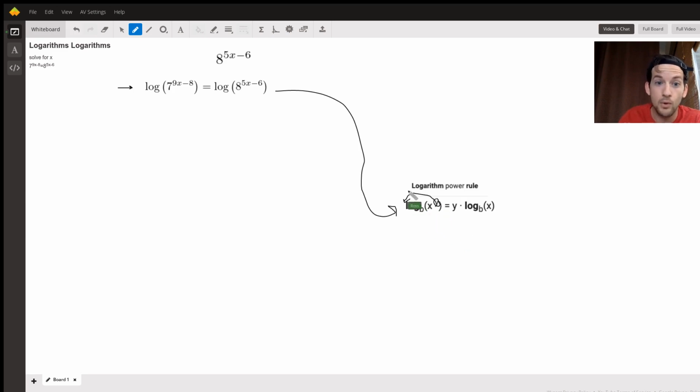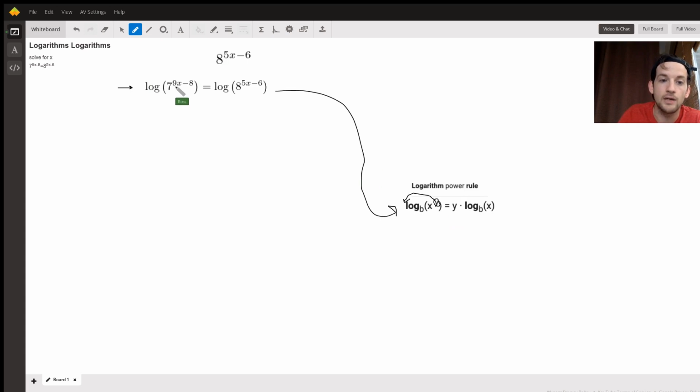That's really important here because the variable that we're trying to solve for, the x, is stuck in our exponents. This gives us a way to get that variable out of the exponent to help us solve it. So the first step is just to throw a log in front of both sides and then use this rule.